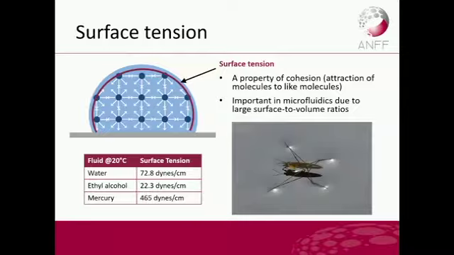These molecules here have a higher adhesion force towards each other, and the molecules at the surface, having fewer neighbors, are pulled more strongly towards the bulk particles there. So what it creates is the surface tension here, and you can see basically a film. It's also the reason why a water strider can float on the film of the water.